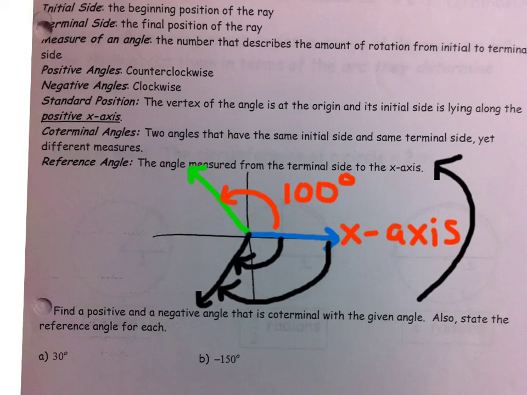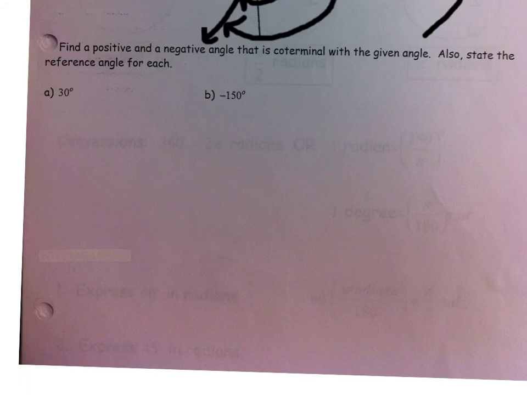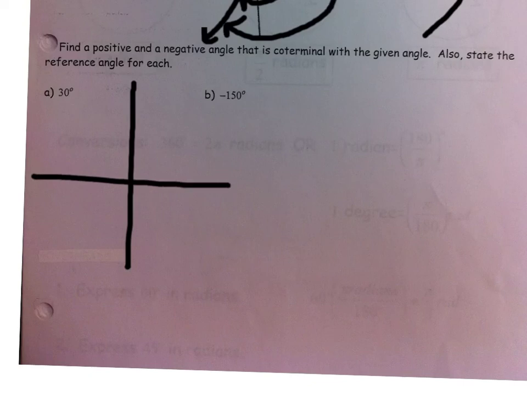Okay, the next thing we're going to talk about right now is coterminal angles and reference angles, as well as putting an angle in standard position. So I'm going to move this up just a little bit. We're going to start with the reference angle for coterminal angles. So if I start drawing down here, and I want to draw a 30-degree angle. Okay, so first of all, 30 degrees, positive, if I have my XY axes, I'm going to start in what we call standard position.